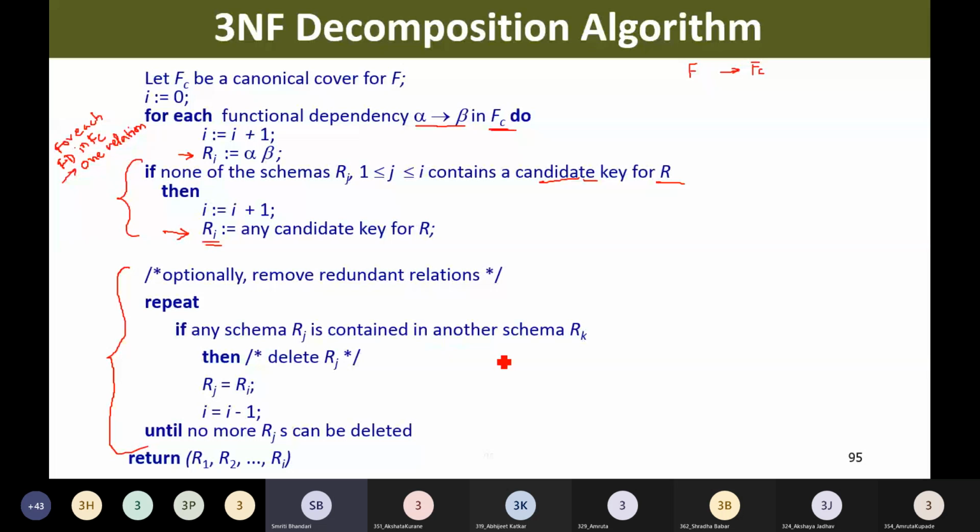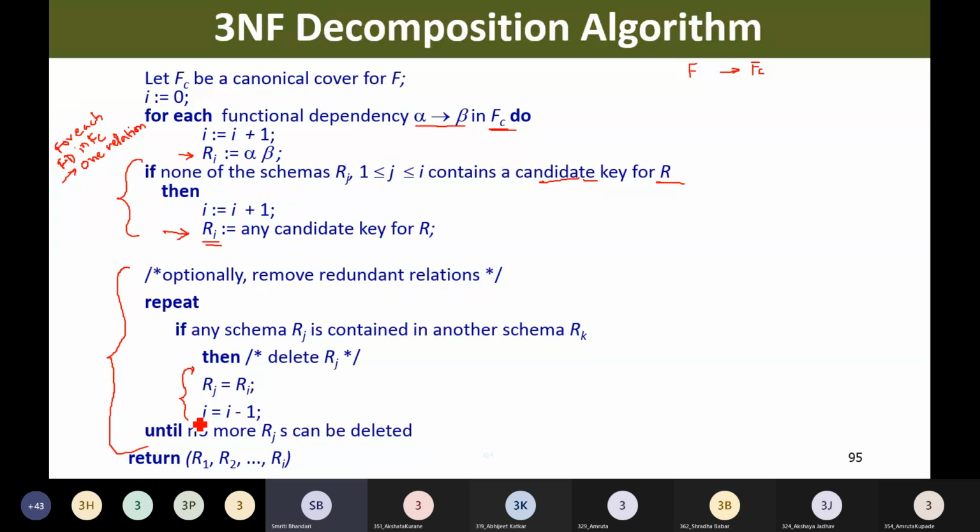Repeat, if any schema Rj is contained in another schema Rk. Meaning if one relation is part of another relation, then we are going to delete this relation Rj.